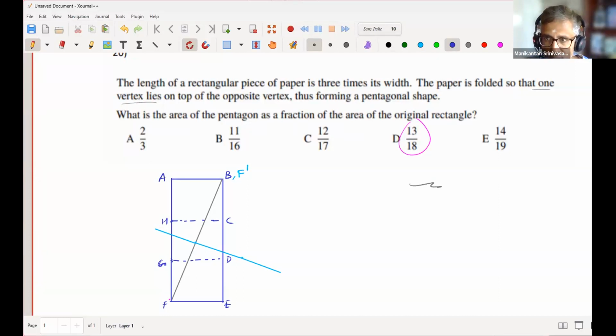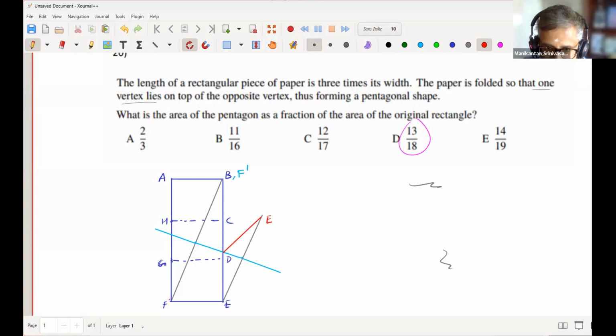All right. So let's draw a parallel line to this. Now E will land up here, right? So this portion is going to go like this. Let me show the reflection in a different color. So DE will get reflected to DE dash.